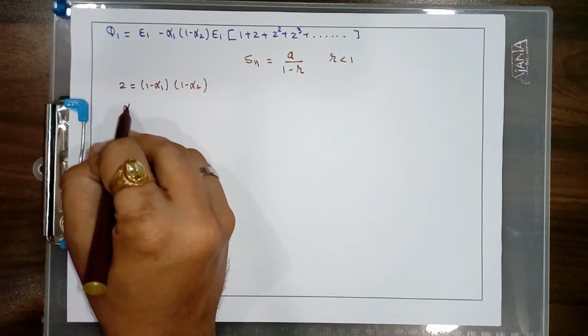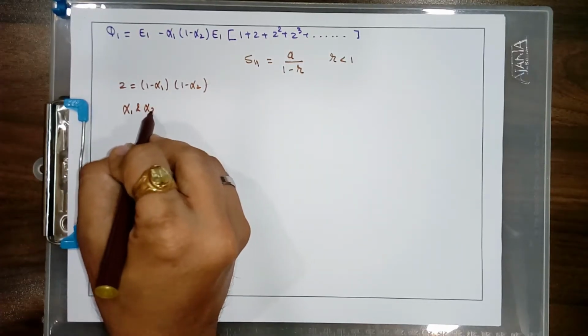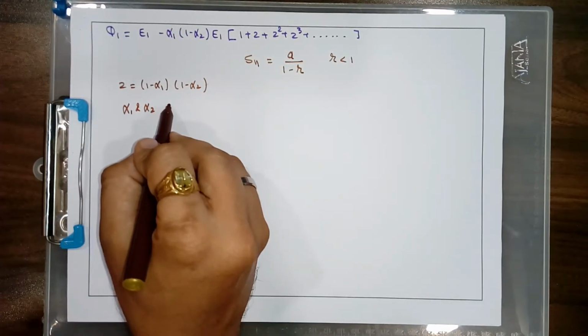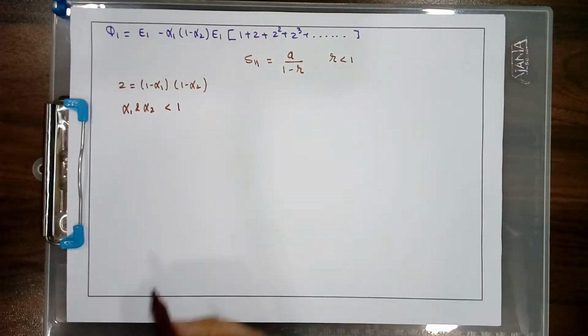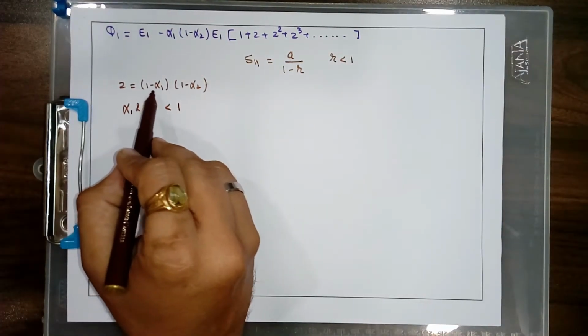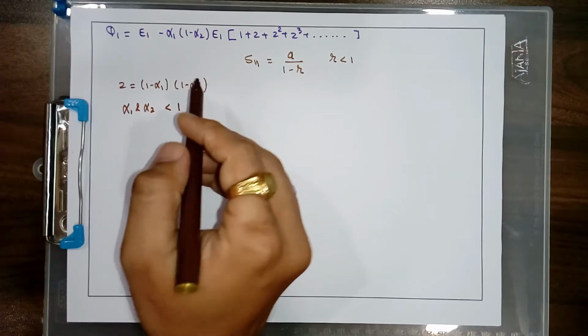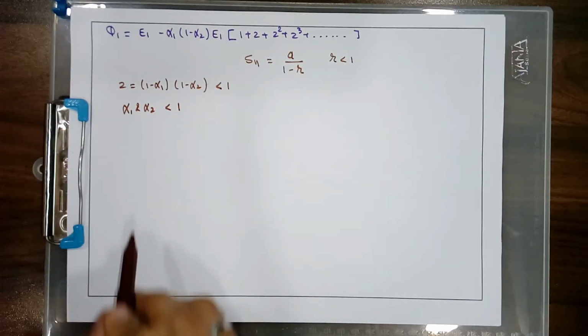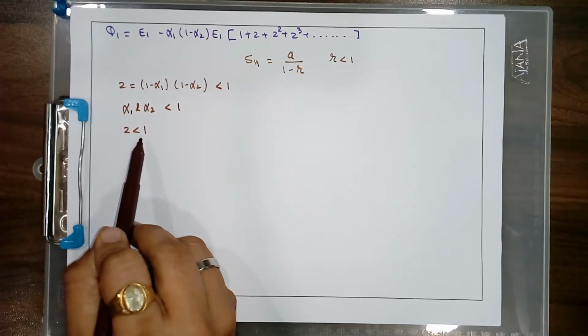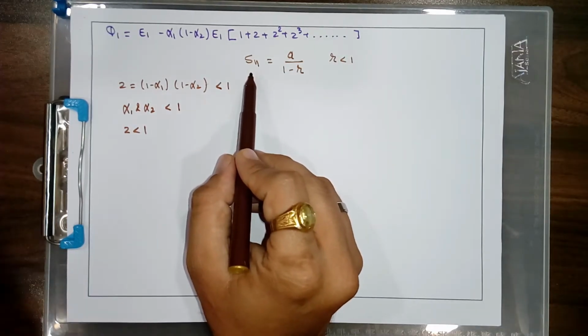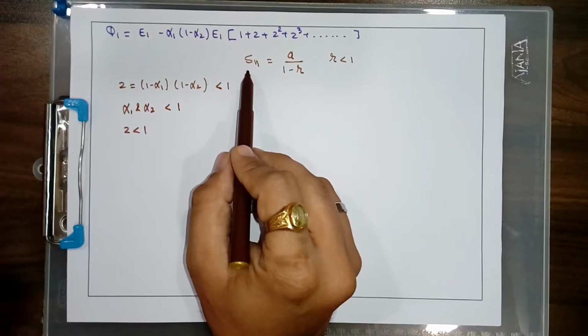Now we know that alpha 1 and alpha 2 are the absorbabilities, and absorbability is less than 1 for non-black surfaces. So the values of 1 minus alpha 1 and 1 minus alpha 2 are less than 1. Finally we conclude that z is less than 1, and that's why we are able to apply this formula of summation.